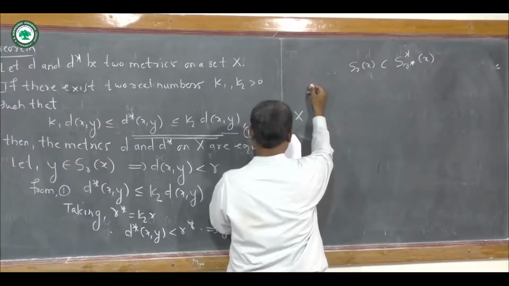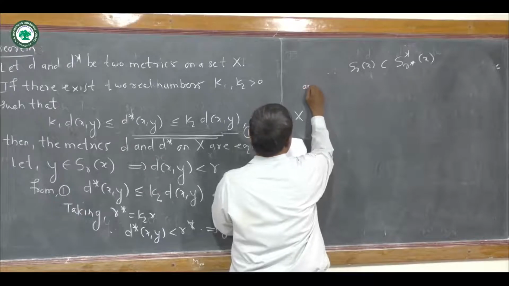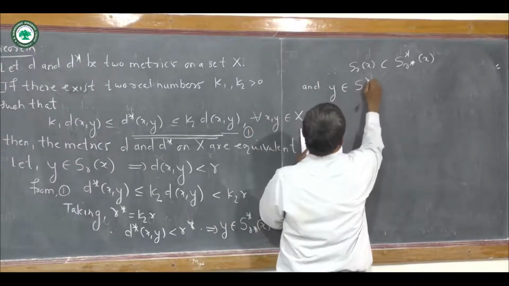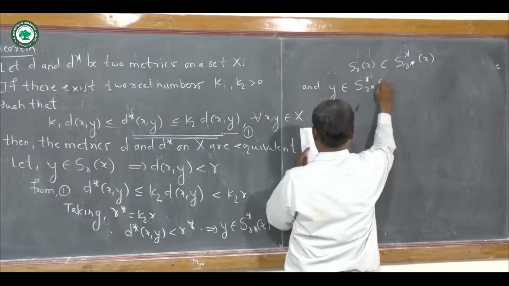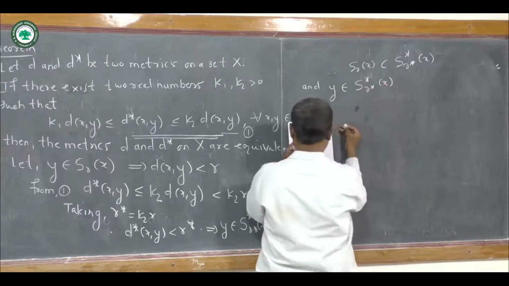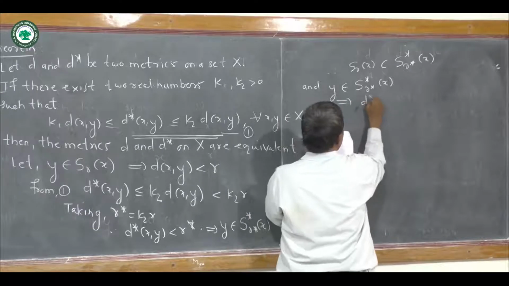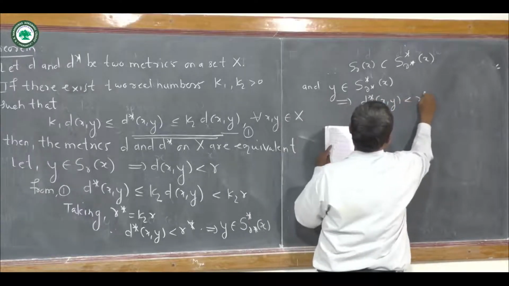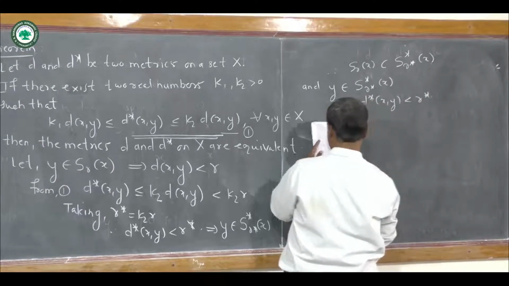Now here we take Y belongs to S star, R star, X. So this implies that D star of X comma Y is less than R star.